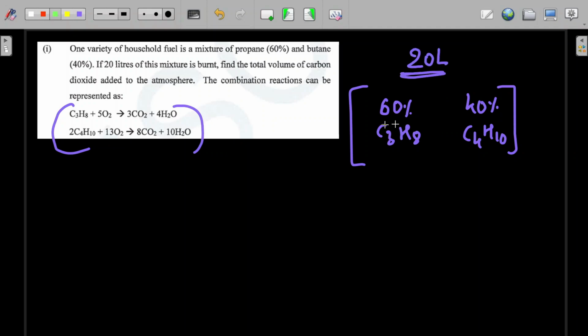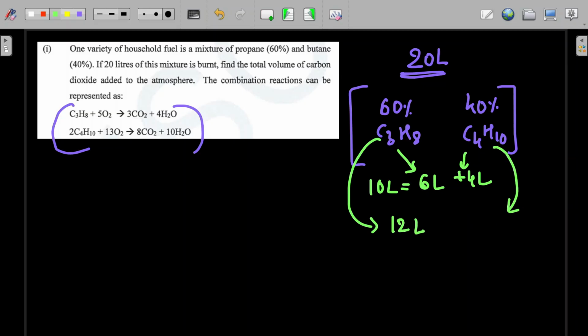Now imagine 60/40 means what? If you take 10 liters of this mixture, 6 liters will be propane and 4 liters will be butane. You have taken 20 liters, so propane will be 12 liters and butane will be 8 liters.